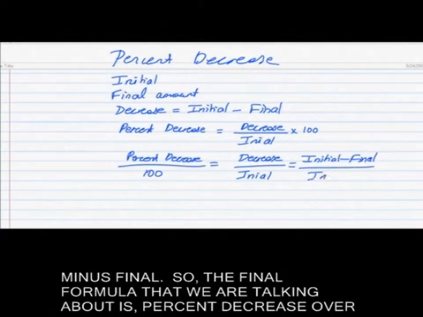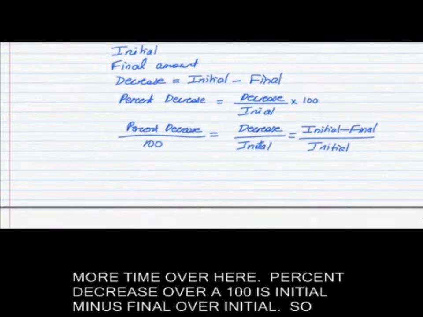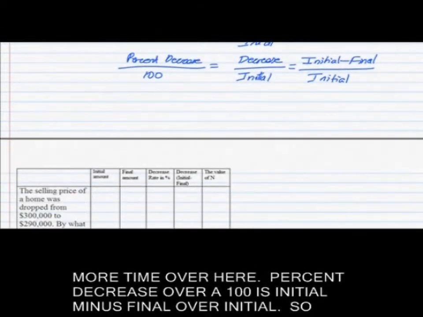So the final formula that we're talking about is percent decrease over 100 is initial minus final divided by initial. So I'm going to copy that formula one more time over here.